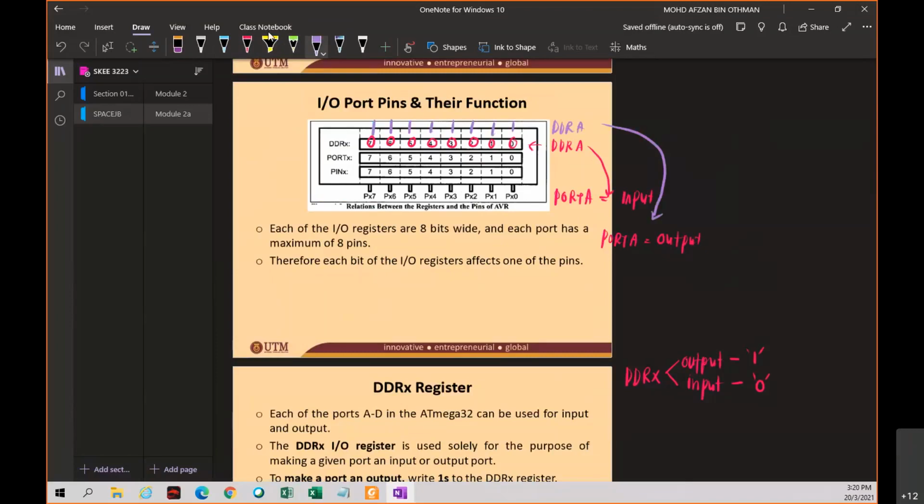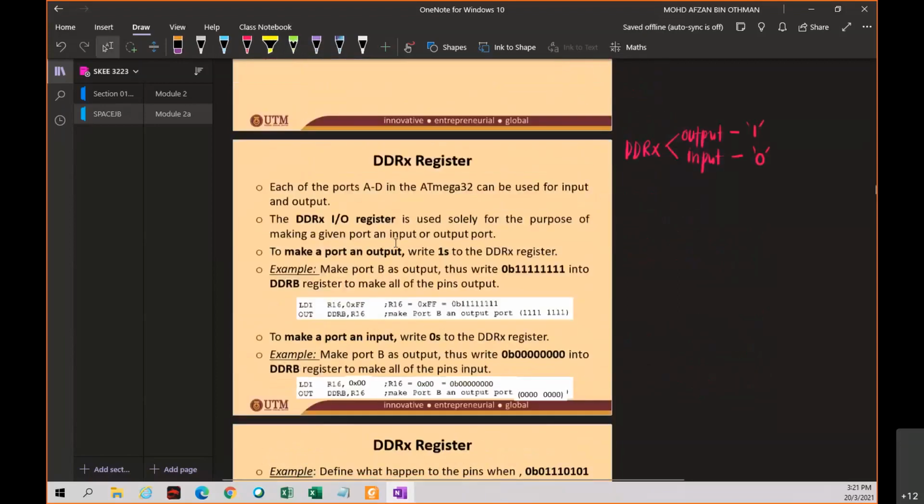So the question here is macam mana kita nak letak value 0 ataupun value 1 ke dalam DDRA, sebab DDRA ni akan tentukan sama ada kita jadikan dia input port or output port. So how to do that? Okay, we need to do some programming.